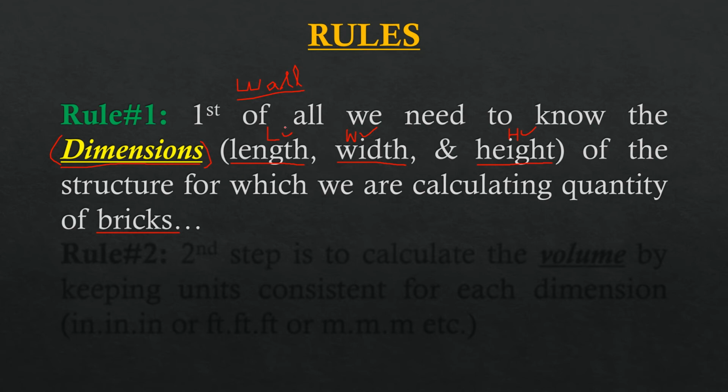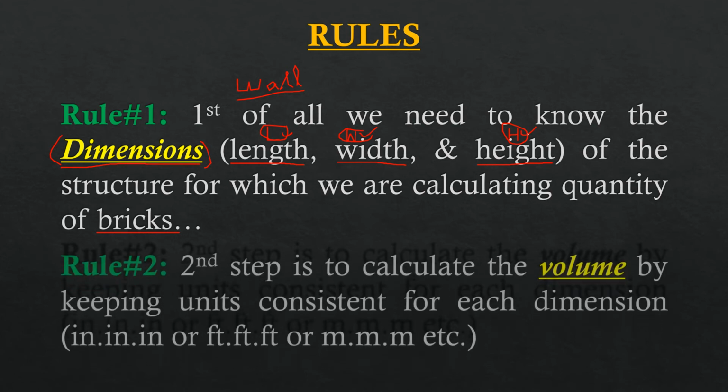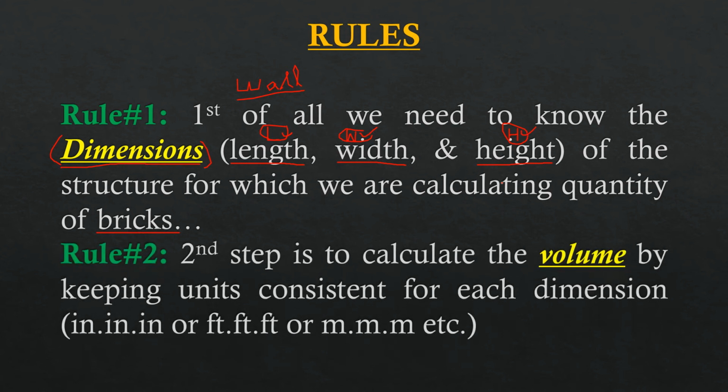Once you have got all three dimensions L, W, and H, you have to follow the second rule. The rule number two is to calculate the volume. How can we calculate the volume of any structure with the three dimensions?